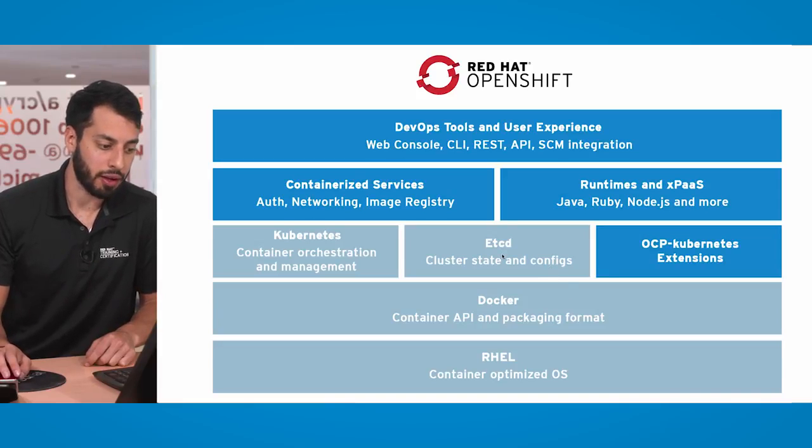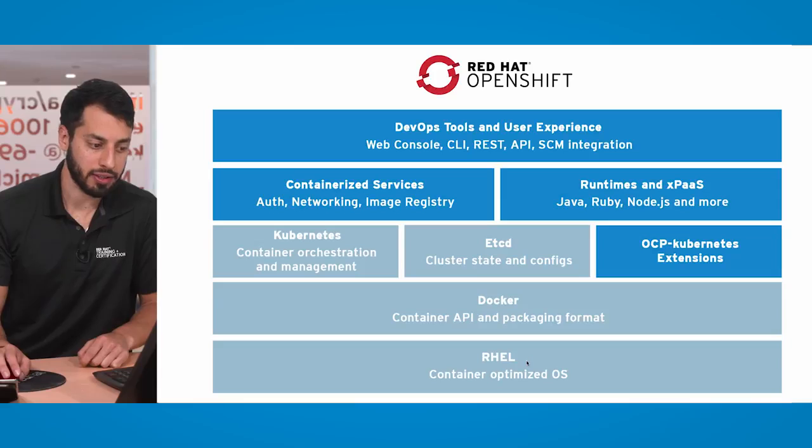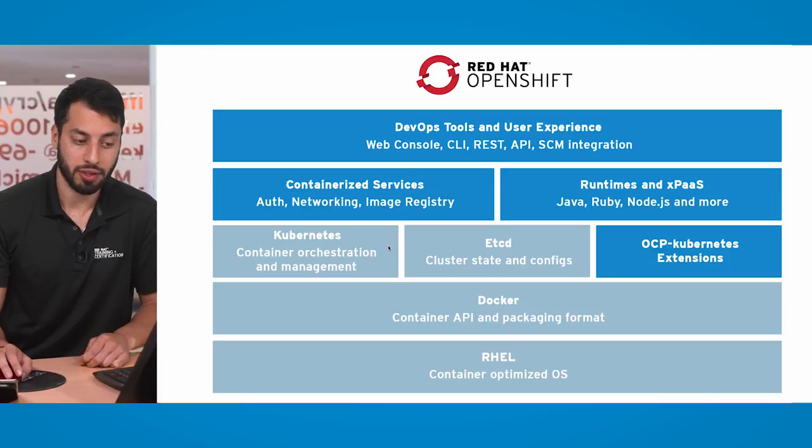Of course we have our RHEL, Container Optimized Operating System, and on top of that we have Docker, which is our container implementation that we've already talked about, and we have Kubernetes, which is responsible for orchestrating the containers. And we have etcd, a distributed key value store, which is what Kubernetes uses to store a lot of its information and resources, any configuration, things like that.